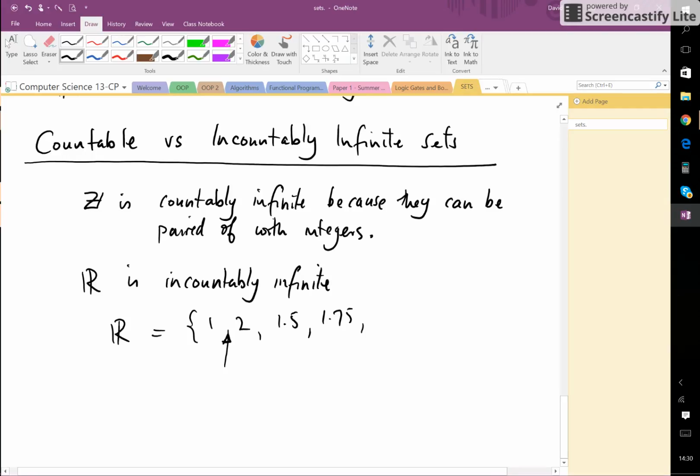It doesn't matter how small a number I choose that's bigger than 1, there's always one which is between that number and the next one. So that's why it's uncountable. I can't count them off. So I cannot count the real set off with natural numbers or with integers.